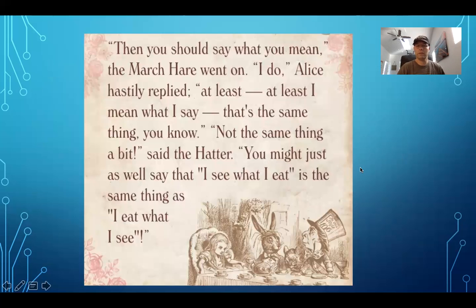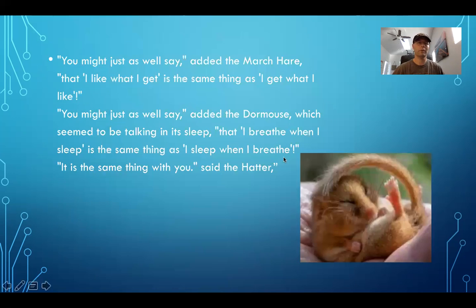"Then you should say what you mean," the March Hare went on. "I do," Alice hastily replied. "At least I mean what I say. That's the same thing, you know." "Not the same thing a bit," said the Hatter. "You might just as well say that 'I see what I eat' is the same thing as 'I eat what I see.'"